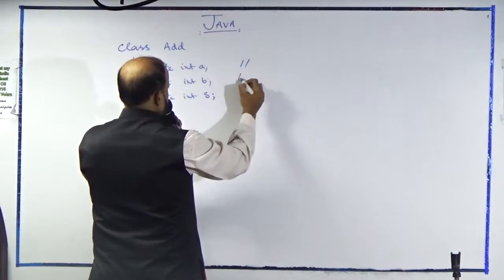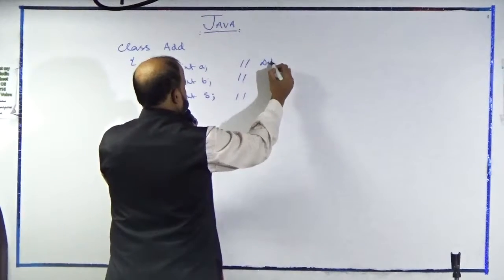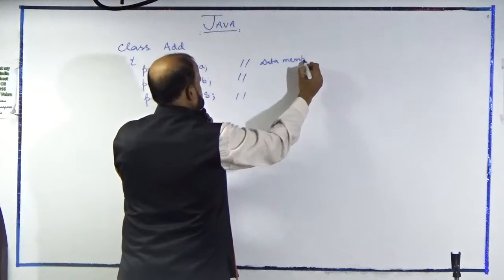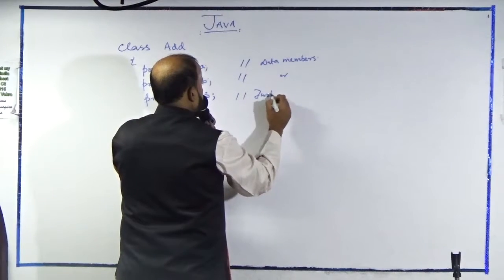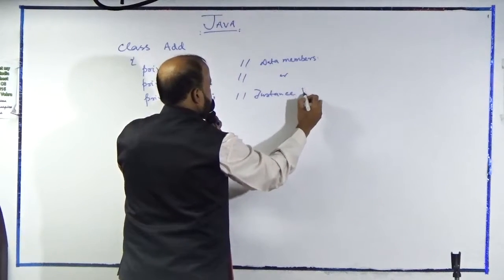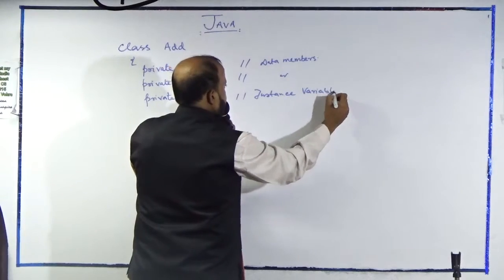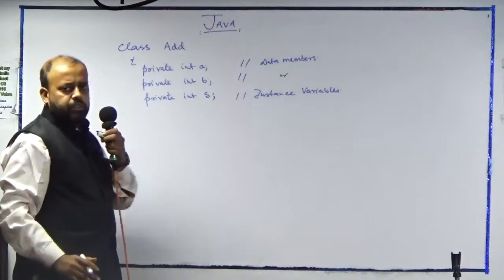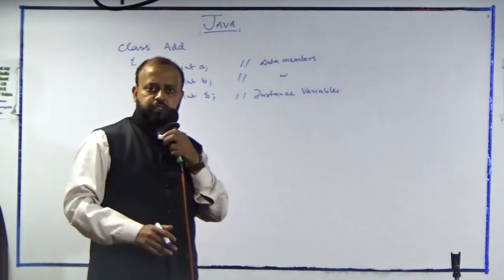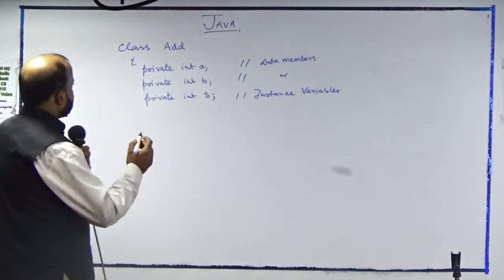These are data members, or you can also call them instance variables. Now, in a class, you can have data members, methods, constructors, and parameterized constructors.